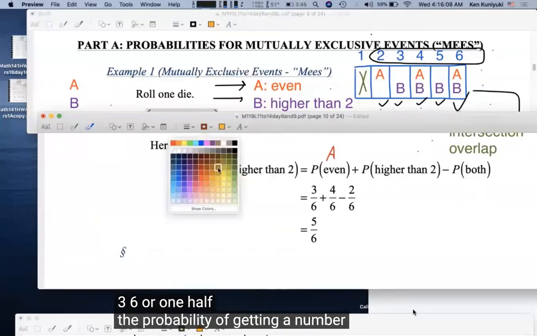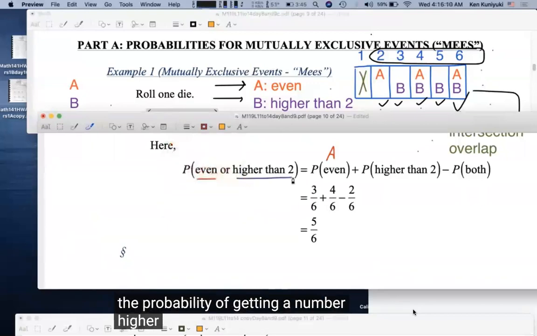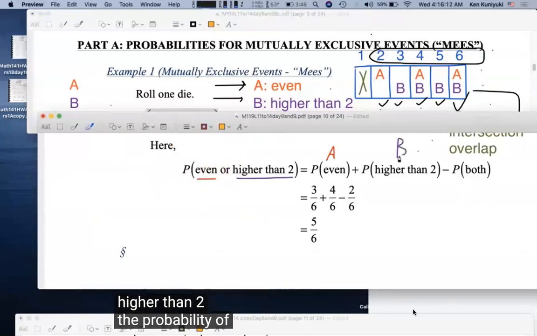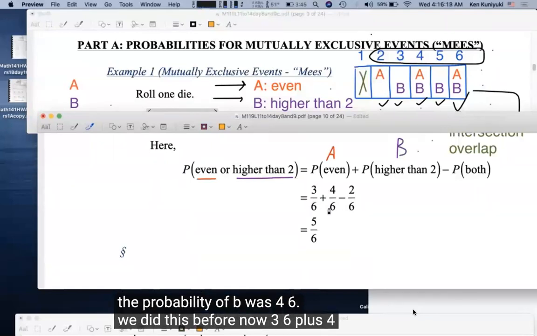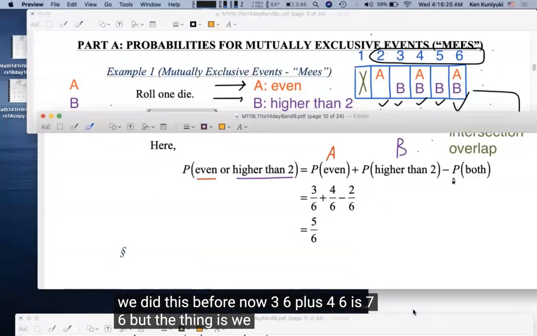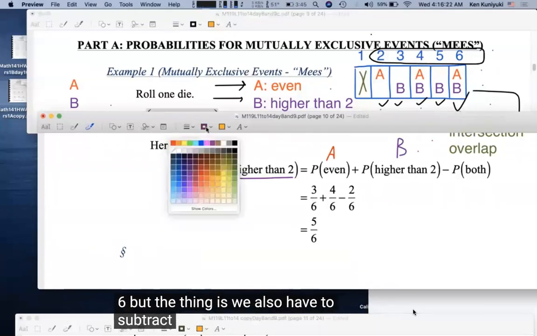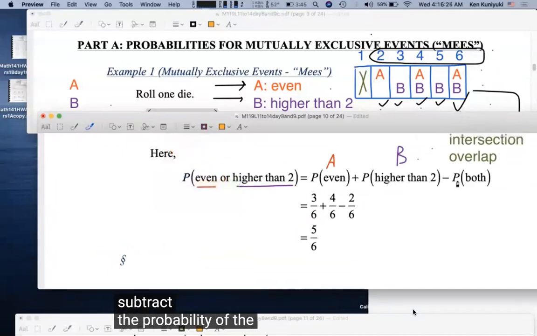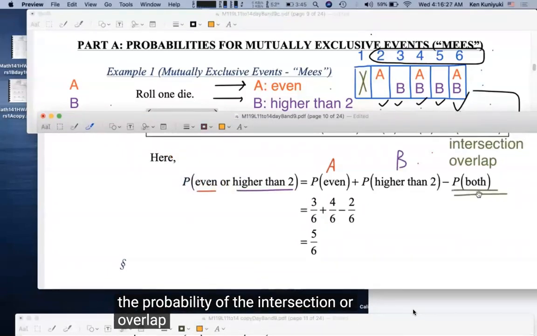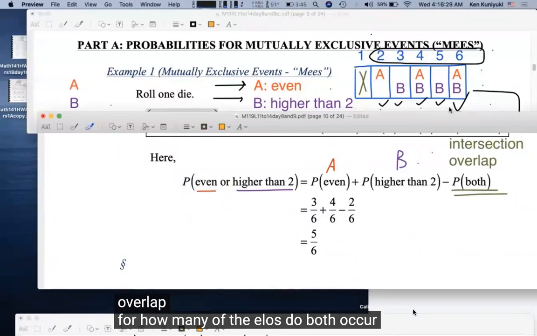The probability of getting a number higher than 2, the probability of B, was 4/6. We did this before. Now, 3/6 plus 4/6 is 7/6. But the thing is, we also have to subtract the probability of the intersection or overlap. For how many of the outcomes do both occur?